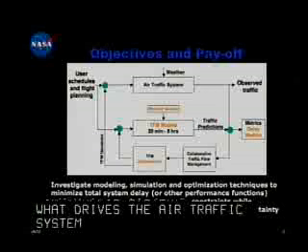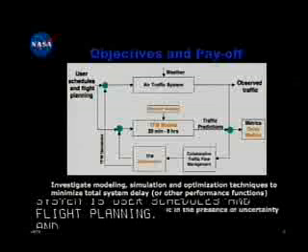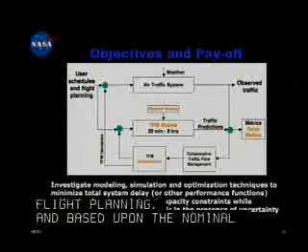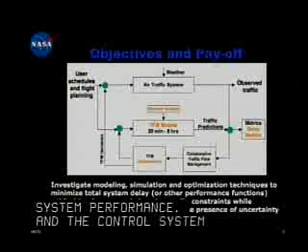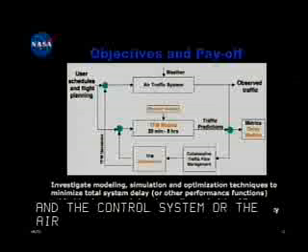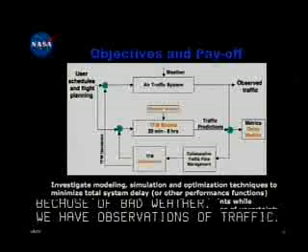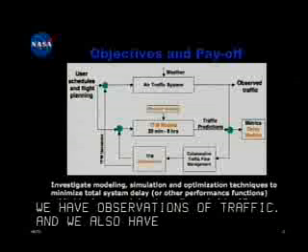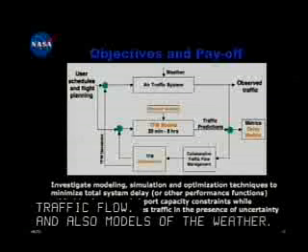Based upon the nominal schedule, you have a certain system performance. And the air traffic system gets perturbed because of bad weather. We have observations of traffic, and we also have models of traffic flow and models of the weather. Based upon the traffic flow, we can make traffic predictions.